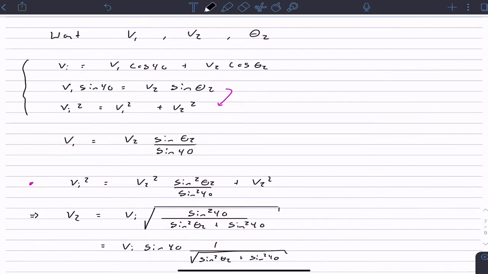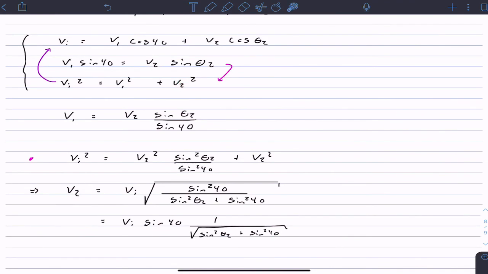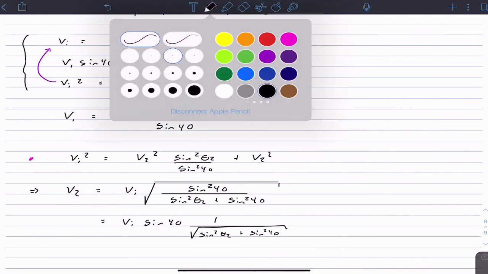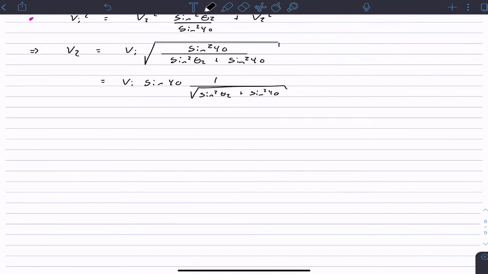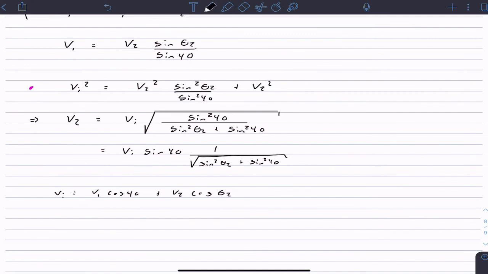Then we go back up to the next equation, right? We'll plug what we found back into here. This was actually going to be v2, so we'll plug this value into this equation and see what we get. So vi is equal to v1 cos 40 plus v2 cos theta 2, right? And we just figured out what v2 is. We know what v1 is; it's in terms of v2.